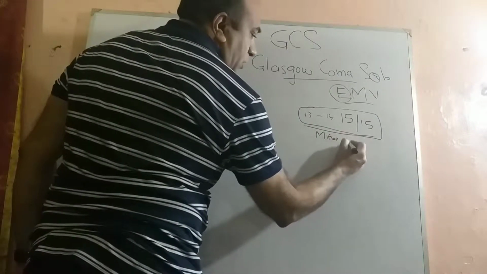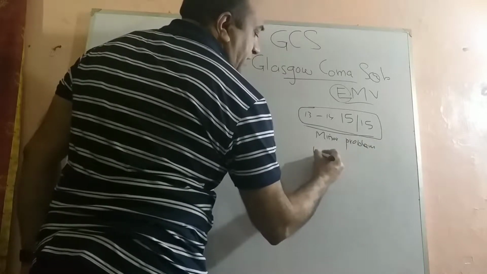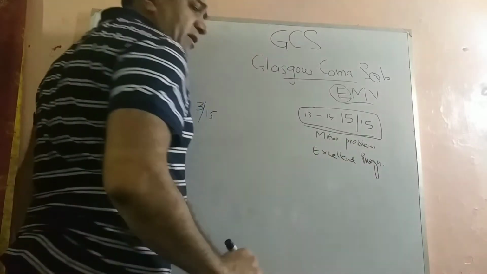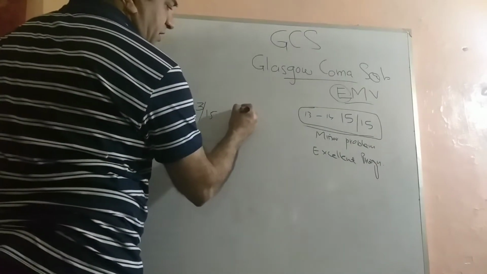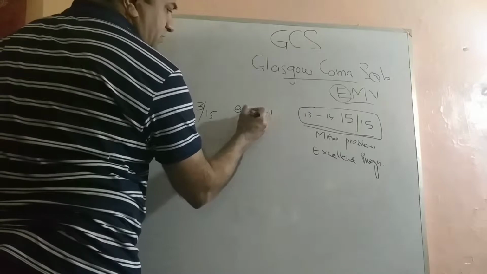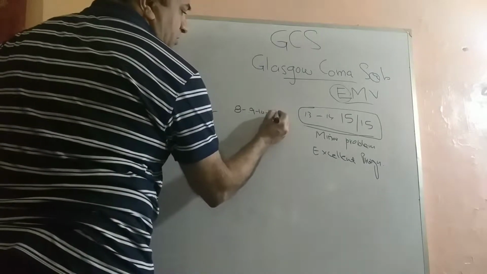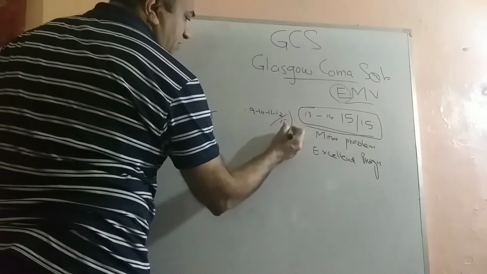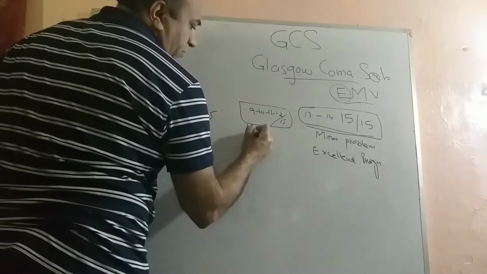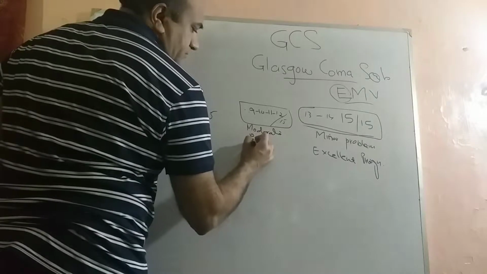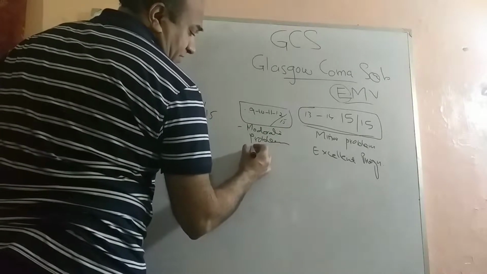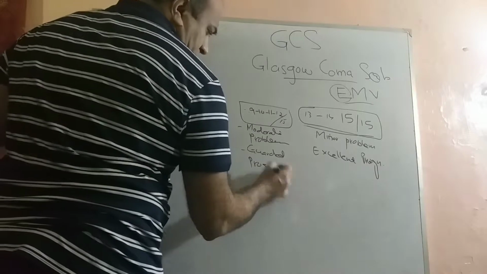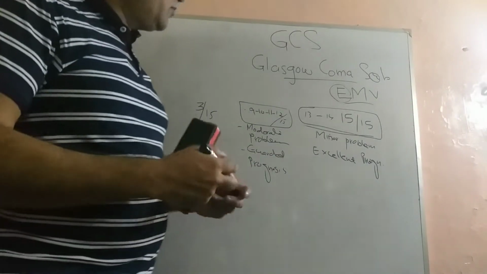But a category falling between 9, 10, 11 and 12 by 15 is known as moderate problem and guarded prognosis. Actually, what do you mean by that?